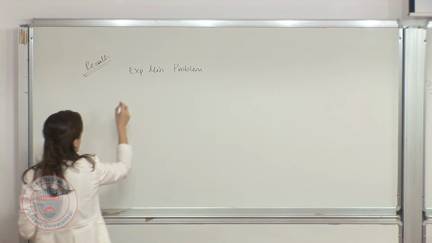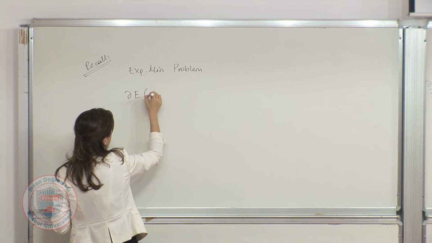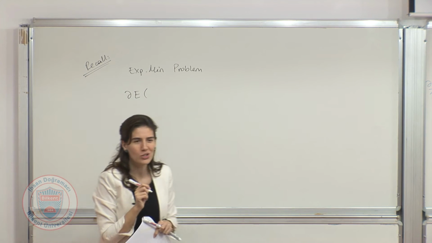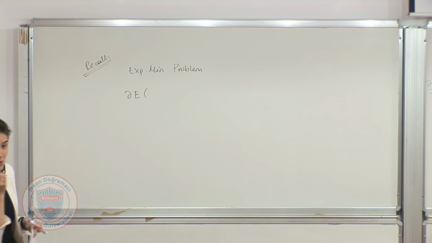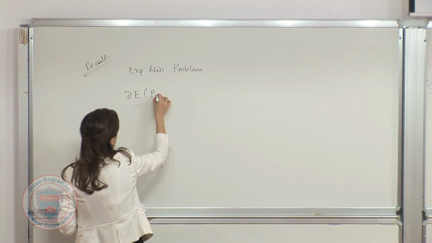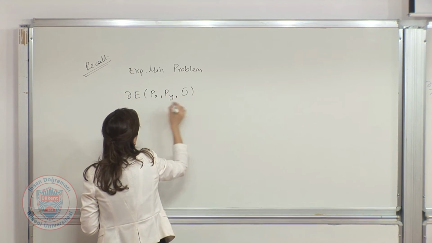What was the expenditure function a function of? Prices and utility, the level that you would like to achieve: Px, Py, U bar.